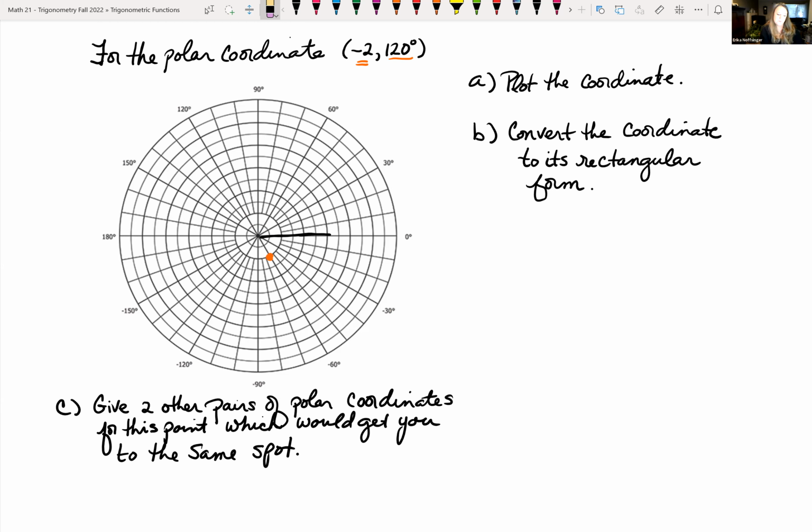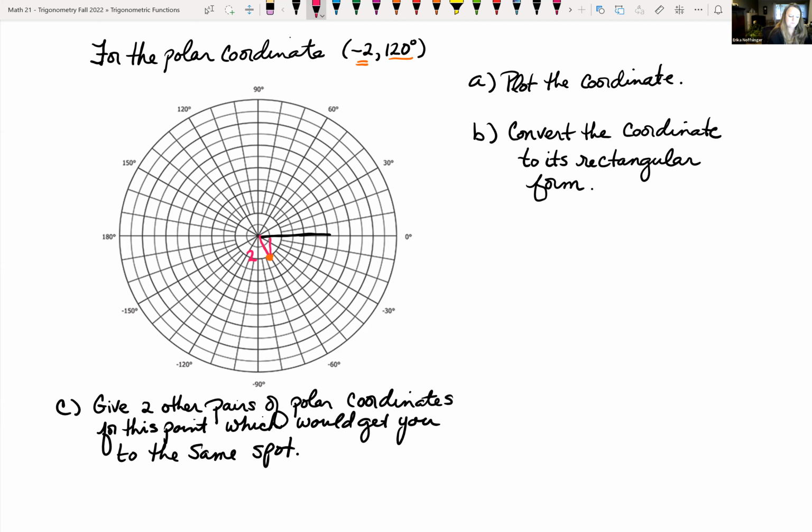It wants us to convert the coordinates to rectangular form. You can use some of the formulas, or you could create a triangle here. We know what r is, it's 2. We can figure out what our adjacent and opposite sides are. We know our angle because of that 120.